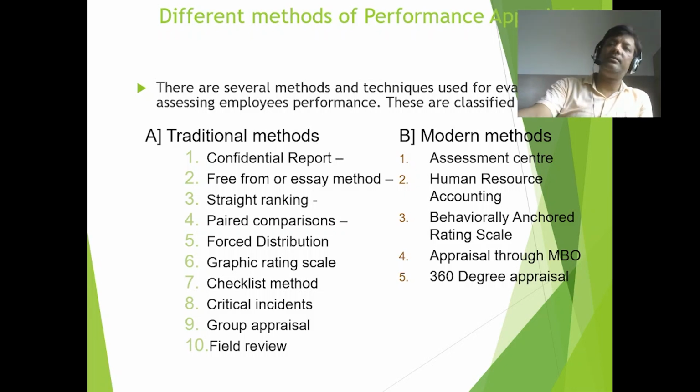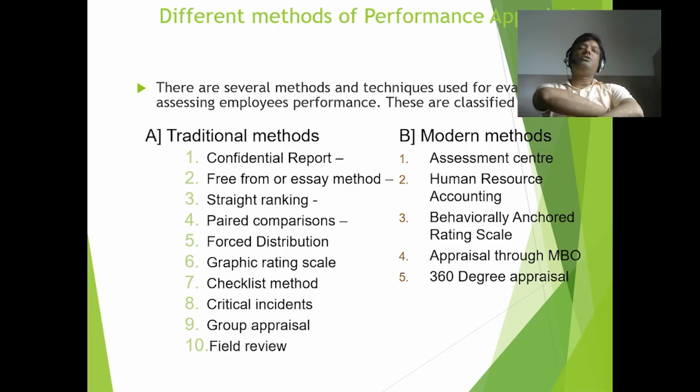So here let's start. Traditional methods include number 1, confidential report, number 2, free form or essay method, number 3, straight ranking, number 4, paired comparisons, number 5, forced distribution, number 6, traffic rating scale, number 7, checklist method, number 8, critical incidents, number 9, group appraisal, and number 10, field review.